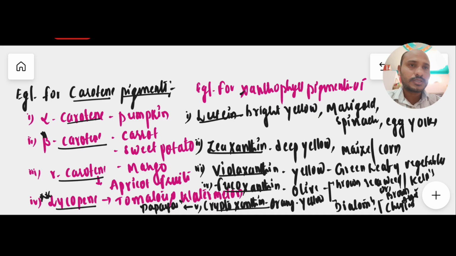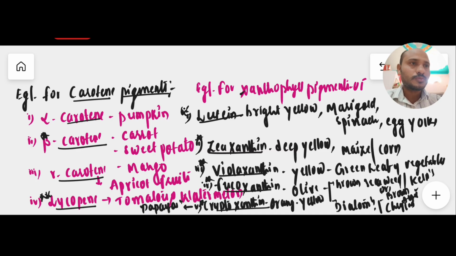All these are important. So likewise, carotene and xanthophyll are the two types in carotenoid pigment, and carotenoid pigment is a lipid soluble pigment. So this is all about lipid soluble pigments, like chlorophyll pigment and carotenoid pigment.